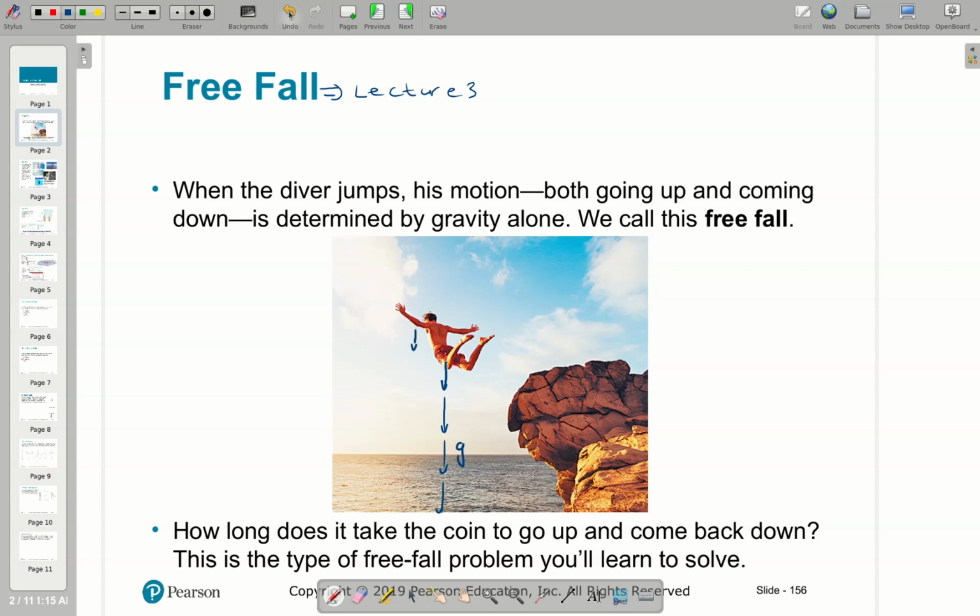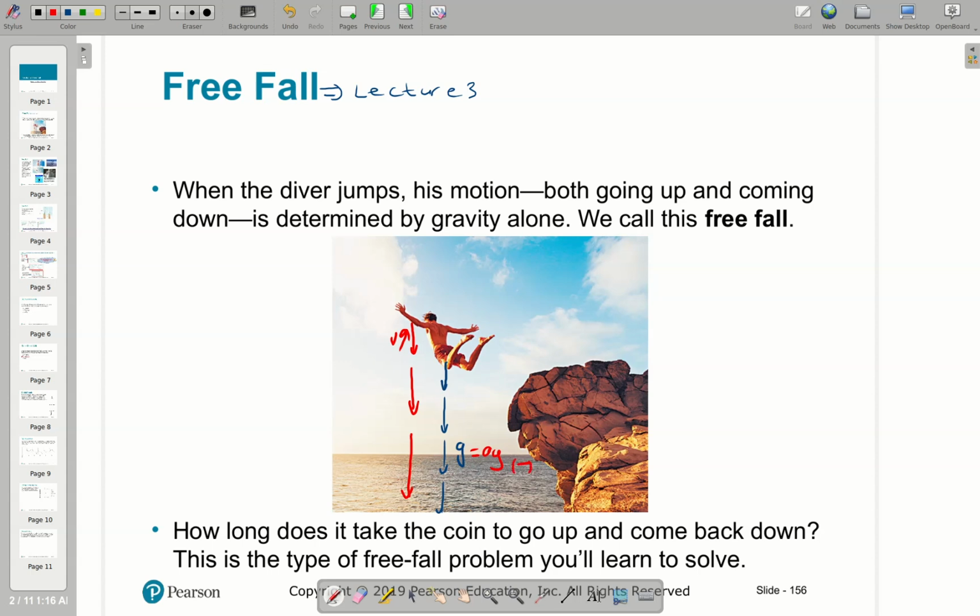Let me actually draw velocity with red maybe. So acceleration is constant throughout and velocity increases as you fall. Gravity simply pulls you down. The last vector should be longer. Let me exaggerate. So velocity increases, ay is equal to g downward.